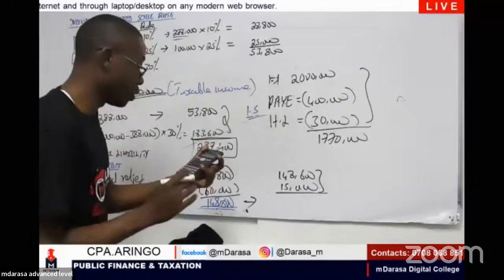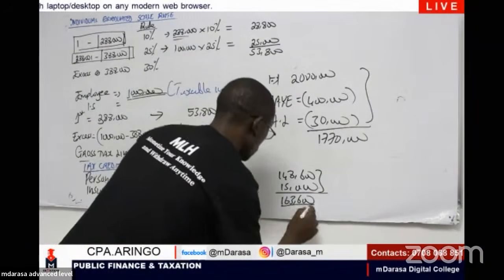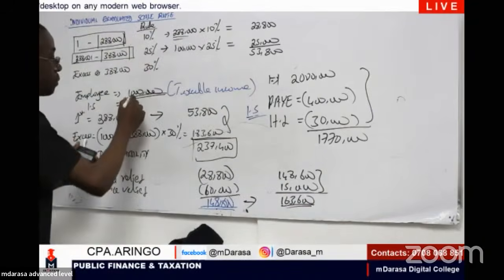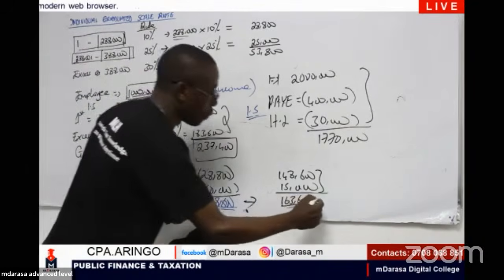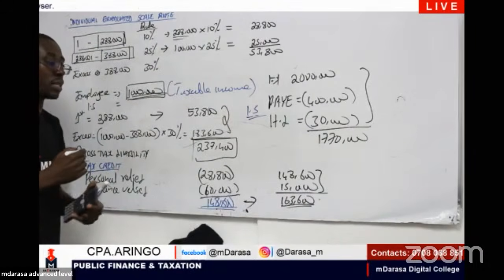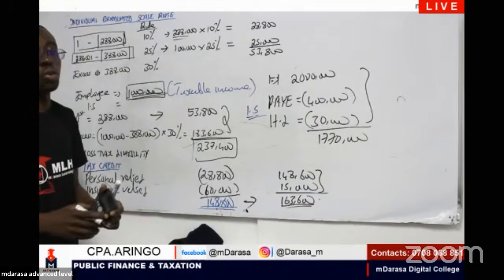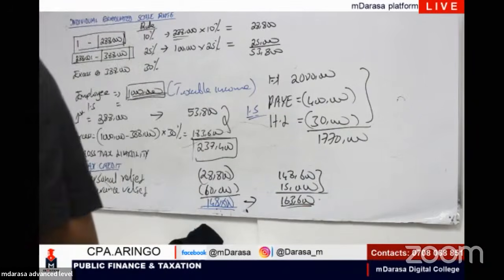So Mercy will pay the government 163,600. So if you are to go home with 1 million, you take the 1 million now, you less the component of tax, which is 163,600 plus the housing levy. So the difference is what you're going to go home with. That is now, if at all, we are to talk of practice.